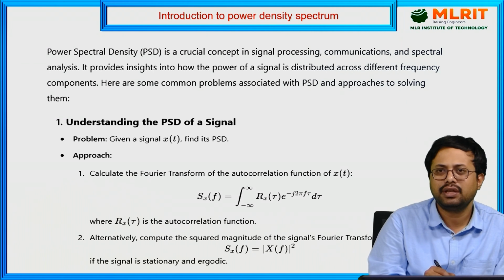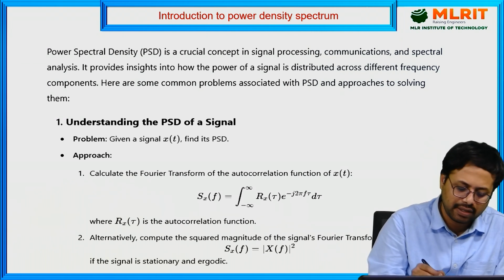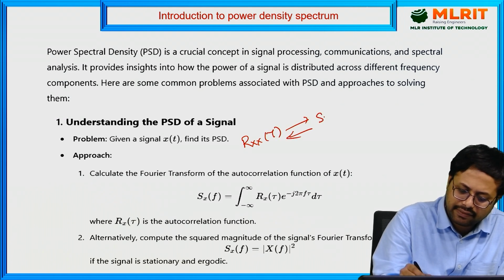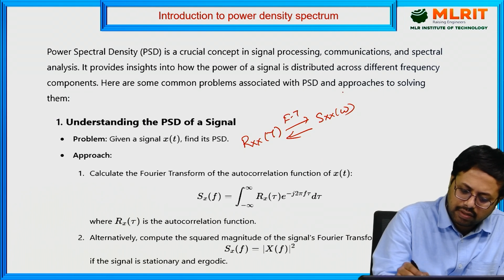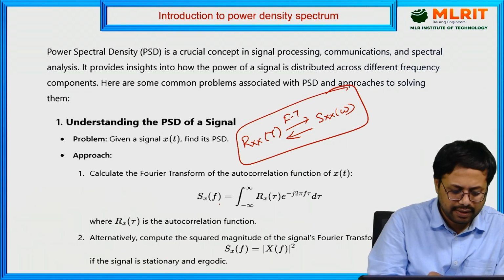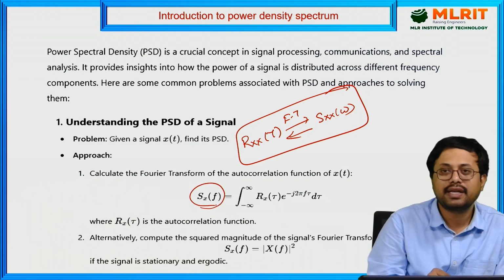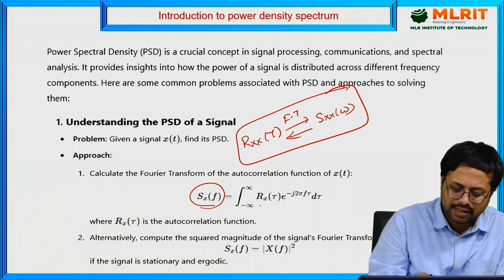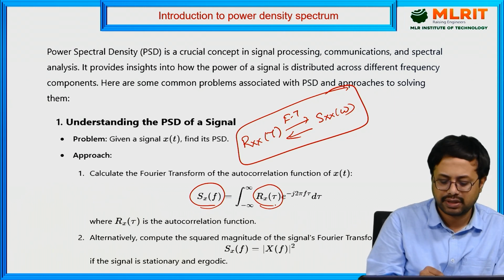The definition is that the autocorrelation function and the power spectral density form a Fourier transform pair. This is the power spectral density notation, and this is the autocorrelation function notation.